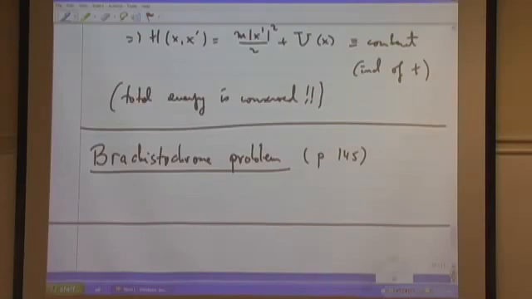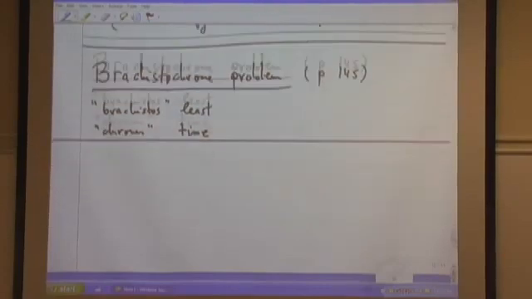So the Brachistochrone problem, and the etymology is from Brachistos, which means the least, and Chronos is the time.